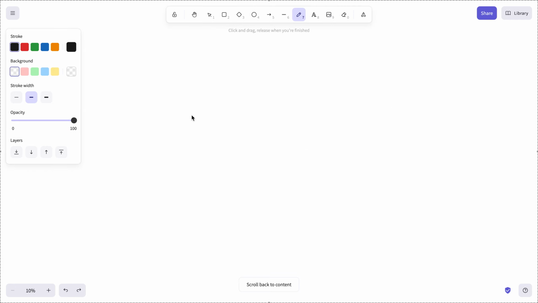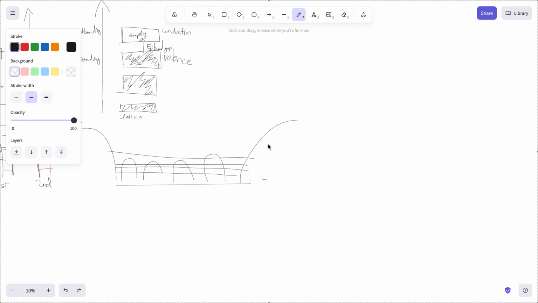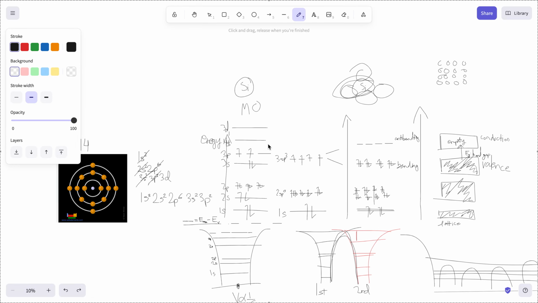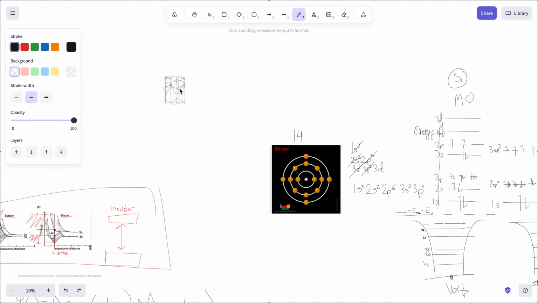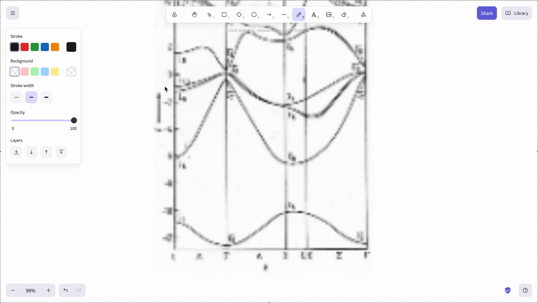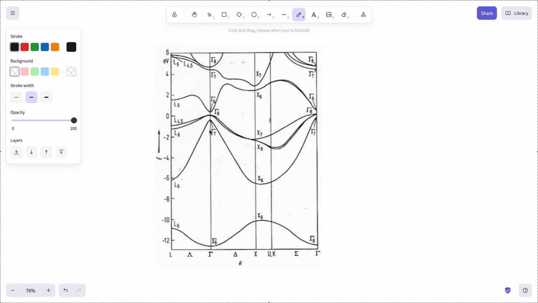An actual band diagram is quite complex. I'll show you a picture that I had of one here.